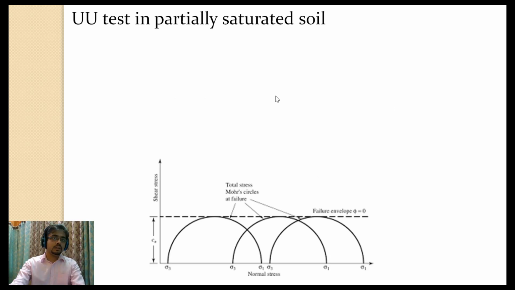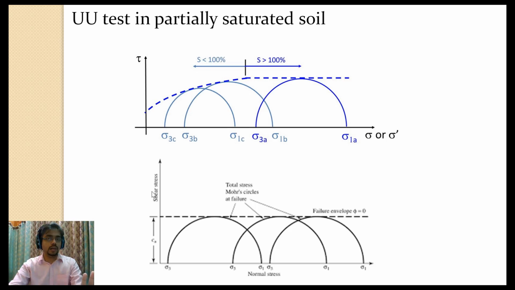First of all, the UU test results for the fully saturated soil is this. This has been discussed in the previous video lecture. That means whatever results we discussed for the UU test in the last video is for the fully saturated soil. Clear? If we are going to use partially saturated soil, then it will be something else.